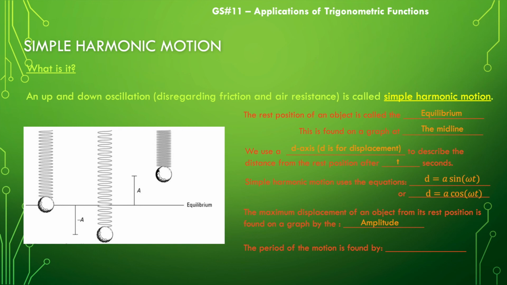So if you pull that ball down and release it, how long does it take to go up to the top and back to the bottom? We use 2 pi over omega, which is the coefficient of t, to represent our period. We also talk about the frequency of an object, which is the reciprocal of the period, also known as omega over 2 pi.